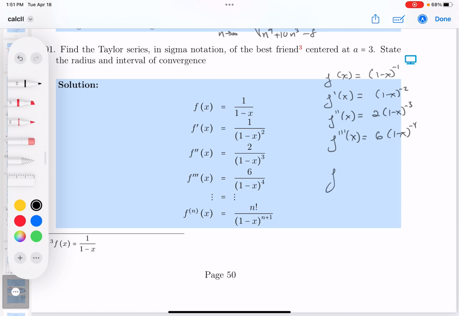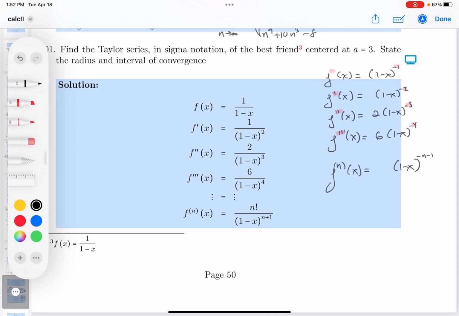So I'm going to write down f^(n). And I see the 1 - x. Let's just carefully look at it. A 3 gives you 4, 2 gives you 3, 1 gives you 2, none gives you 1. So it looks like minus n minus 1. We'll clean this up in a moment, by the way. Now I'm looking at the number in front, and it looks like just the factorial of the level of the derivative.